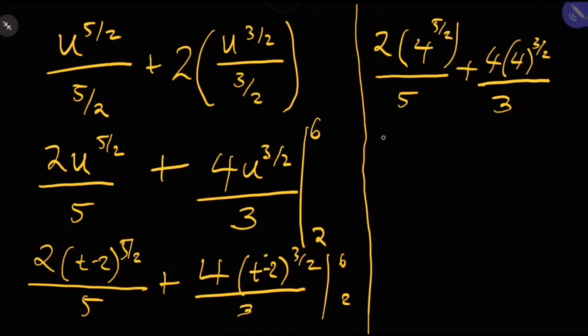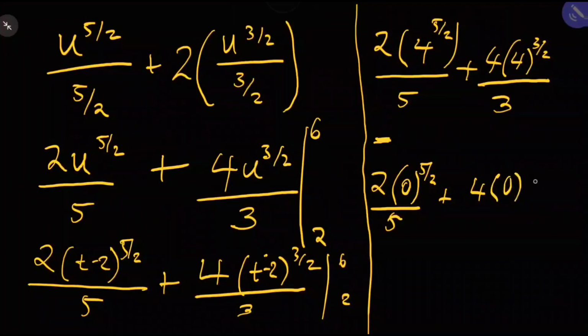When you find this, you're going to have to subtract the value where t is 2. Where t is 2, 2 minus 2 is 0, raised to the power 5 over 2 all over 5, plus 4, where t is 2, 2 minus 2 is 0, raised to the power 3 over 2 over 3.